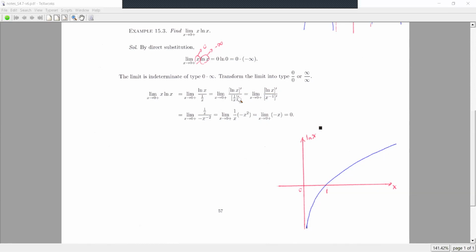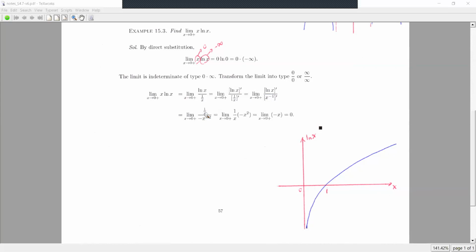How do we compute the derivative of 1 over x? We can use the quotient rule, but I want to use the formula for power functions. I write 1 over x as x to negative 1. So by the power formula, the derivative is negative 1 times x to the power minus 1, so negative 2.